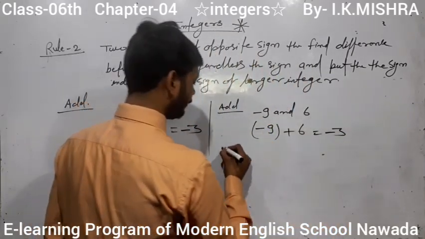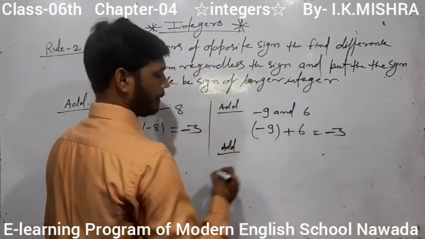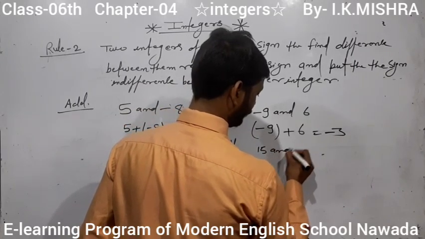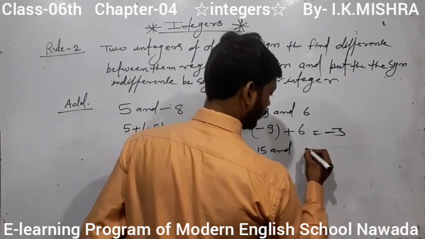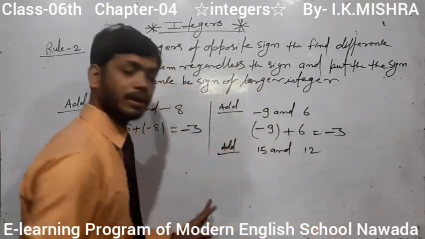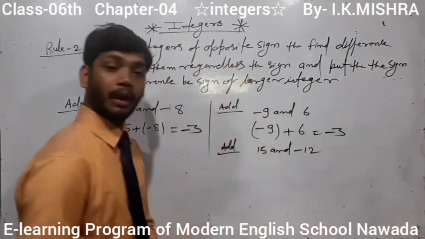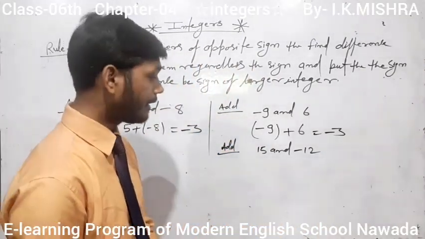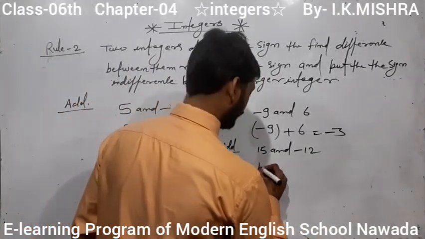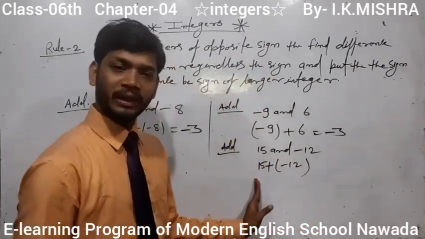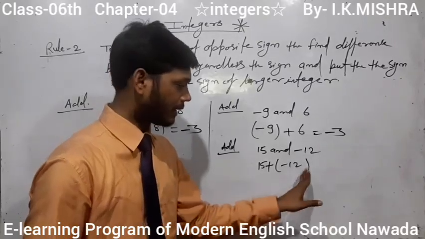Suppose you have to add 15 and minus 12. Here are two integers, students. How will you add? 15 plus minus 12. Here two opposite integers, one positive and another negative.